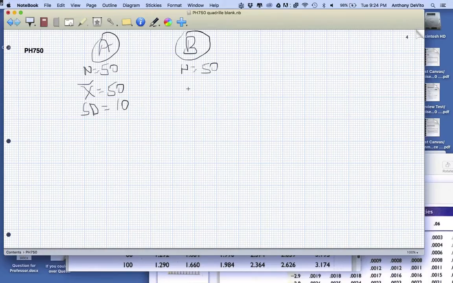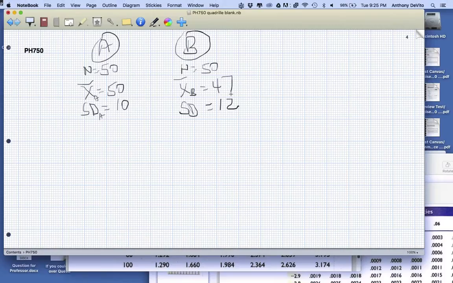Now I do it for B. X bar for B is equal to 47. Those 50 people that I sampled come out with a mean of 47, and the standard deviation for those 50 people comes out to be, let's say, 12.